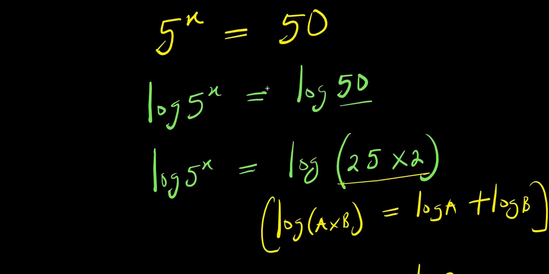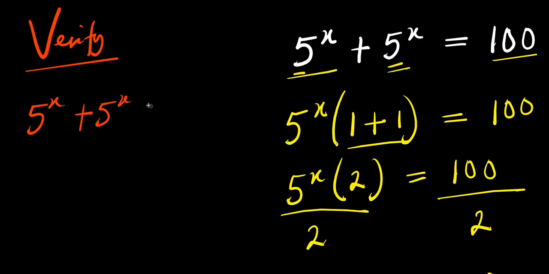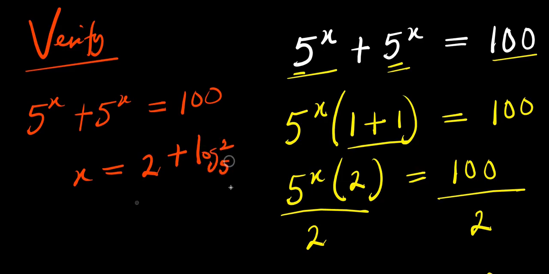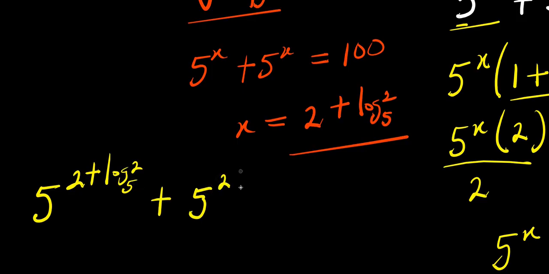We can also decide to verify this particular solution. So let's do that. We have 5^x + 5^x = 100, and our x equals 2 plus log 2 to the base of 5. That means we are going to have 5^(2 + log 2 to the base of 5) plus 5^(2 + log 2 to the base of 5) equals 100.